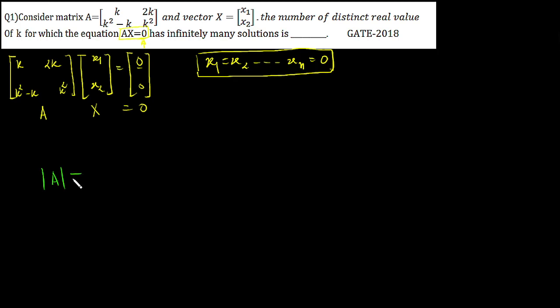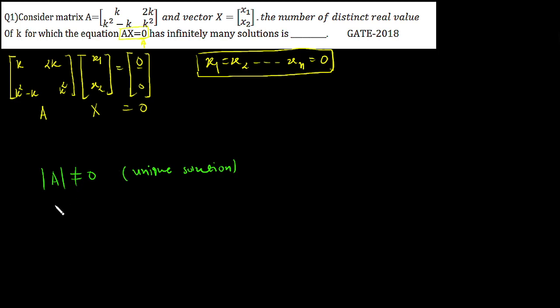If the determinant is non-zero for any general system of equations, then all the rows or all the columns in this matrix A are linearly independent. Then the system has a unique solution, or in other words, this matrix A has full rank.